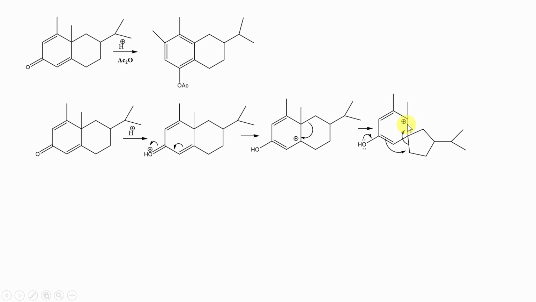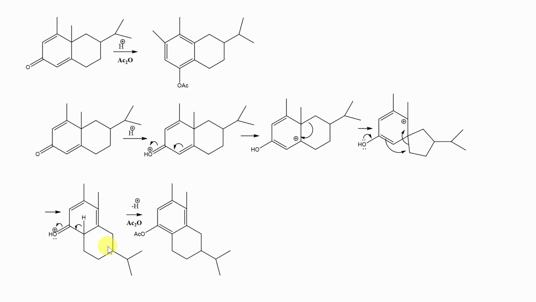A new carbocation is formed by the formation of this spiro derivative. Then ring expansion takes place within the spiro derivative, thereby forming this positively charged cation, and by aromatization forming phenol, and the formed phenol reacts with acetic anhydride forming the final product acetate.